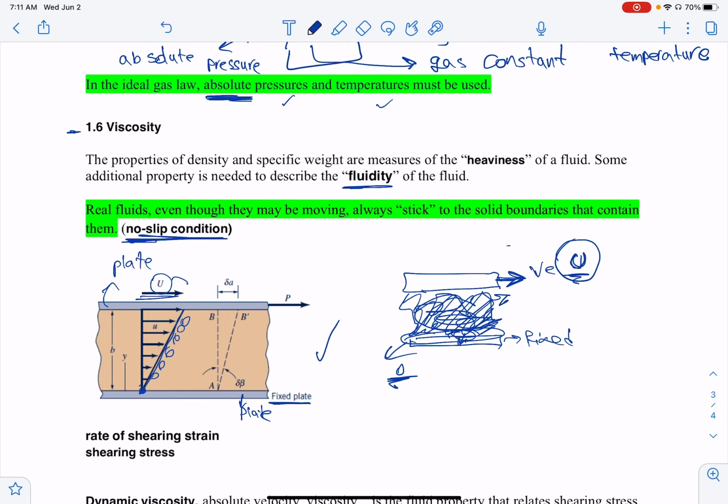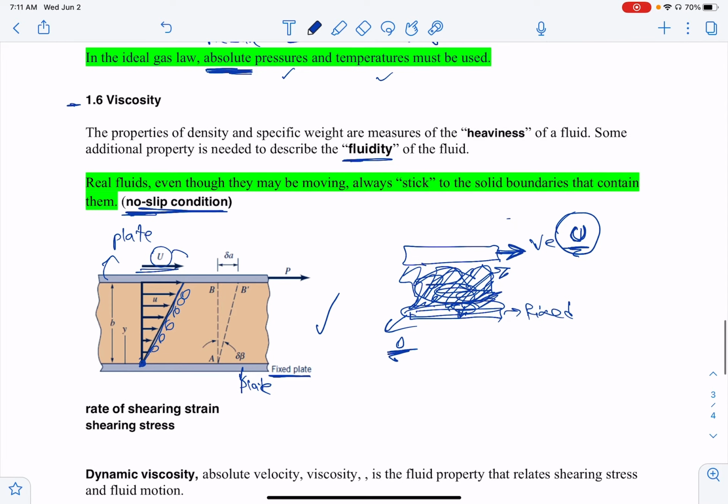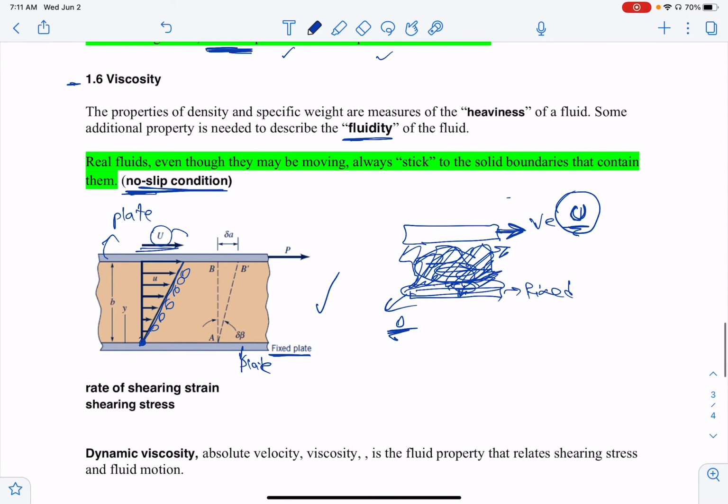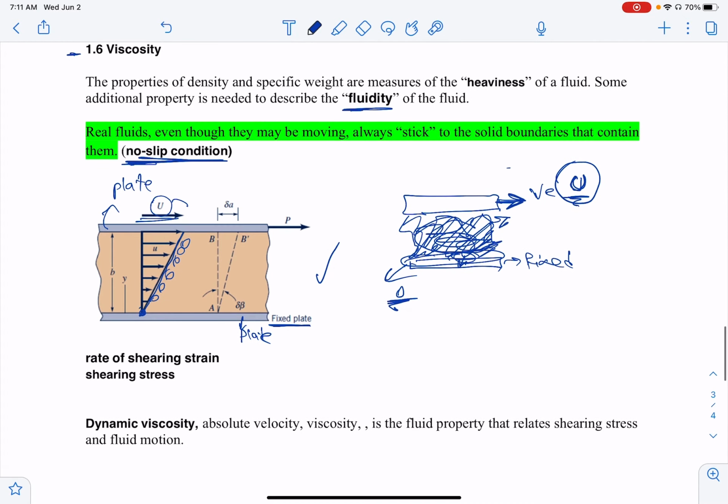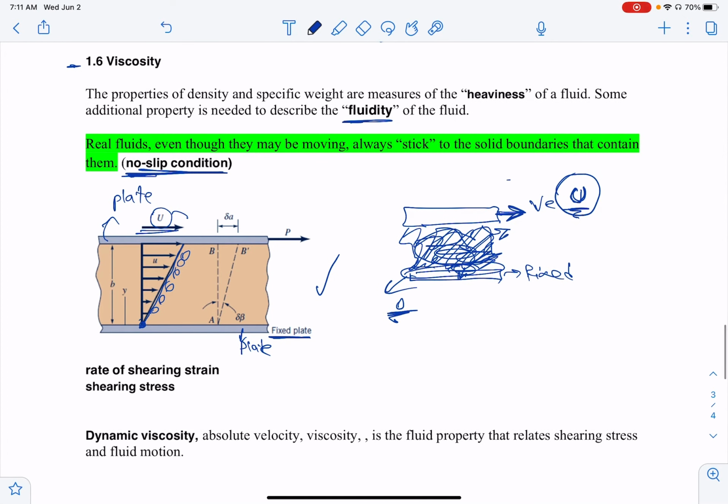So this is viscosity. Think about it more. If you want to look at some videos on viscosity, that's okay. Just take your time to understand what's going on, because I think it's a new definition for you guys.